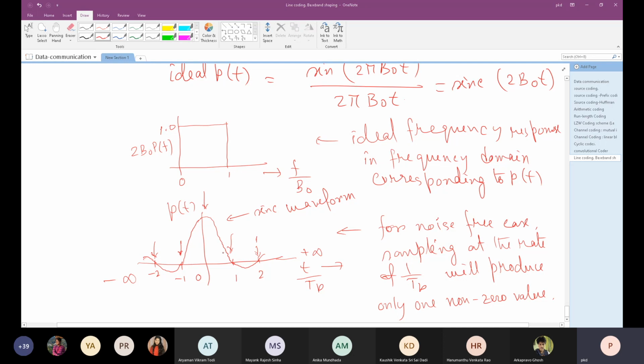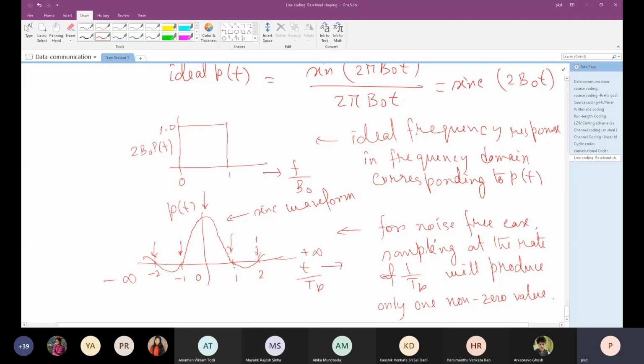Then only we will get the zeros. If there is a variation in the sampling instance, suppose there would always be some uncertainty over this sampling period. The ideal sampler is a delta sampler. For the ideal sampler, we can have this realized in noise-free cases. However, for a practical sampler, this won't be possible because there will be an uncertainty of delta t on the sampling instant.